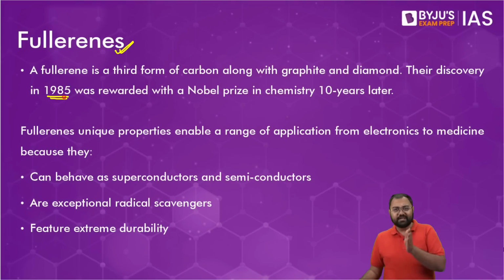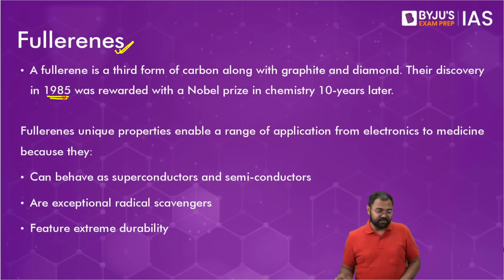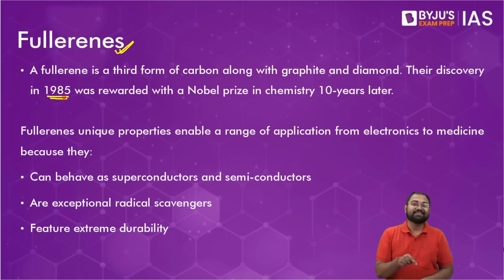And now you'll see that once nanotechnology started to take shape and became a reality, there are a lot of Nobel Prizes that have gone to nanotechnology. Even the 2023 Nobel Prize in Chemistry goes to nanotechnology.